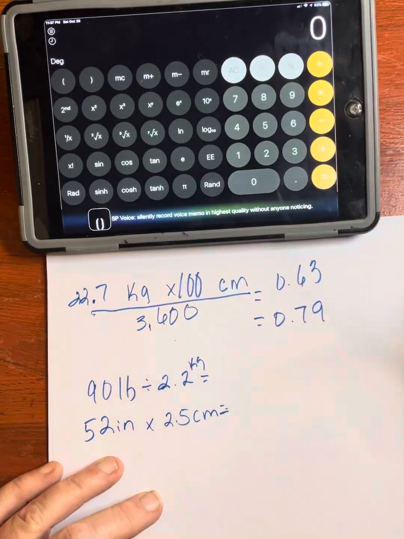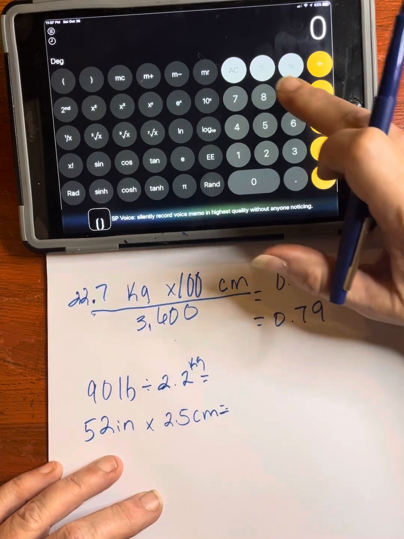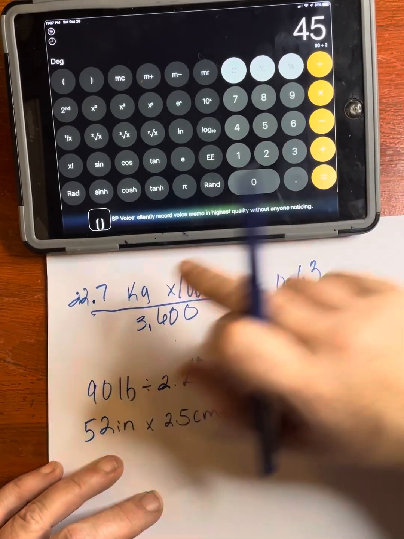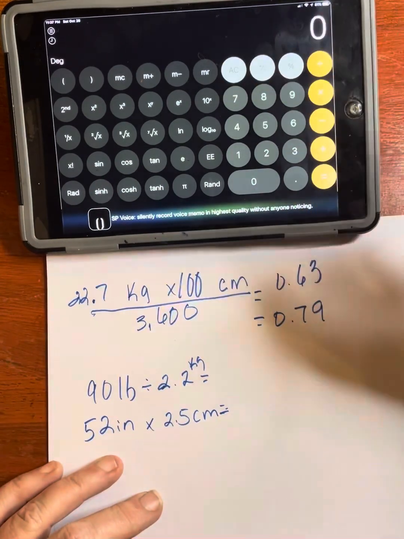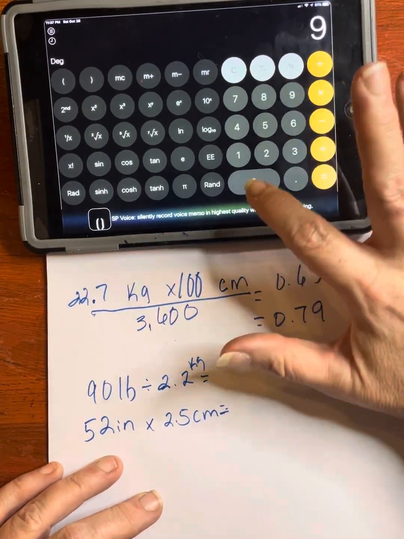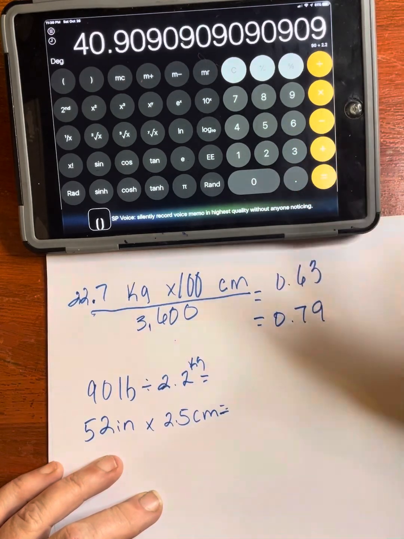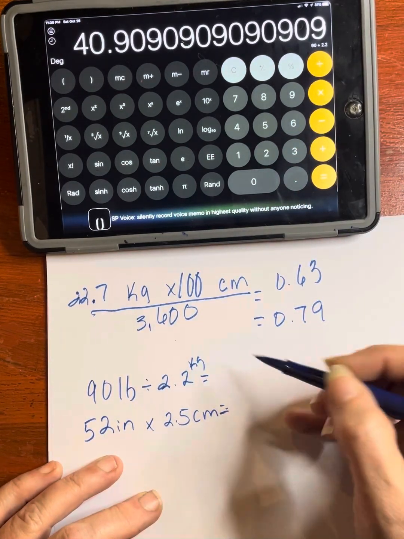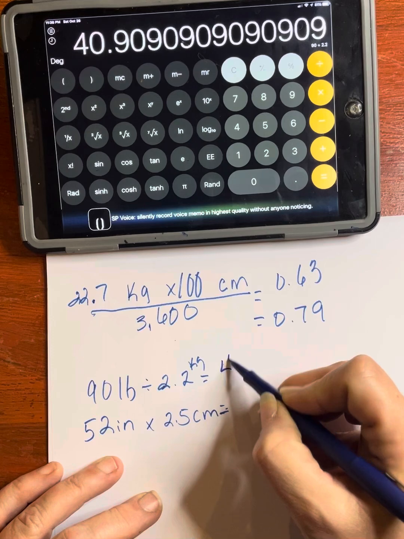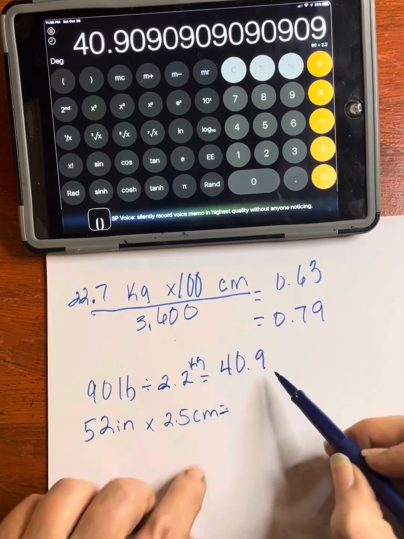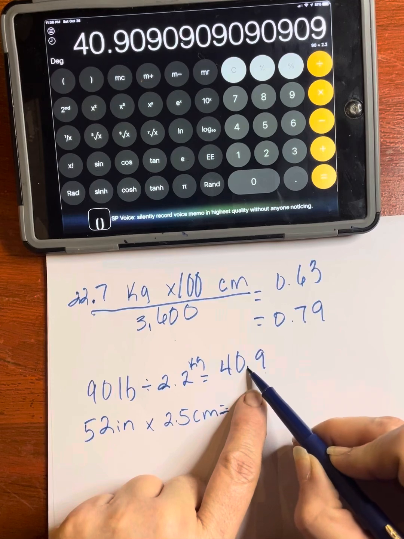I'm going to switch back over to this. And clear. And I'm going to do 90 divided by 2.2. Divided by 2.2 equals. That's going to be, and we're going to take it one place behind the decimal, because nothing else back there is going to change anything.